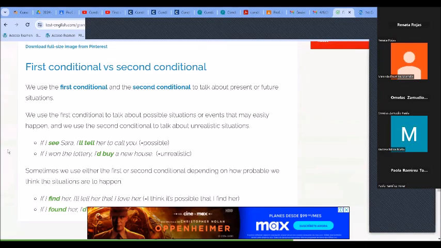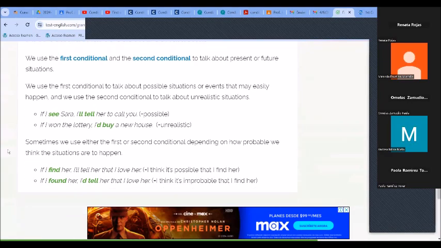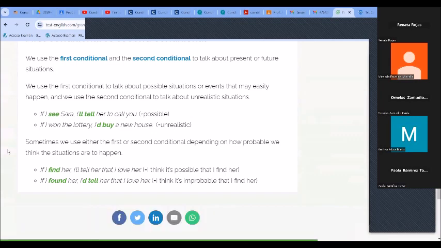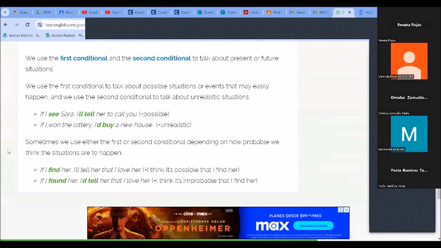Renata, we use the first and second conditional. We use the first conditional and the second conditional to talk about present or future situations. We use the first conditional to talk about possible situations or events that might easily happen, and we use the second conditional to talk about unrealistic situations.